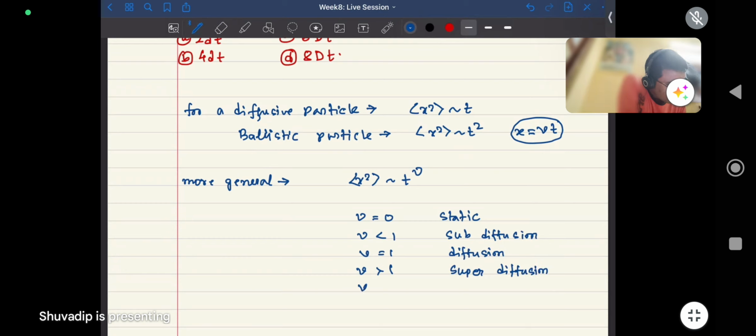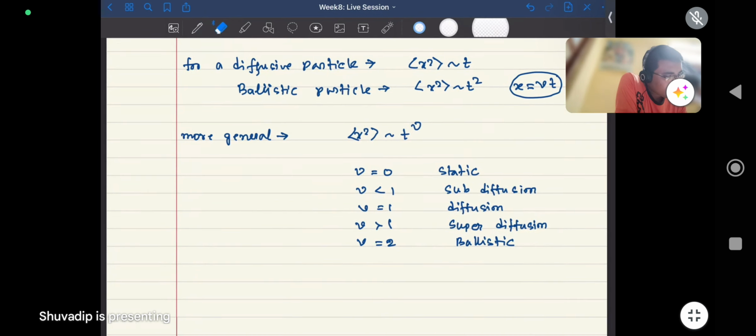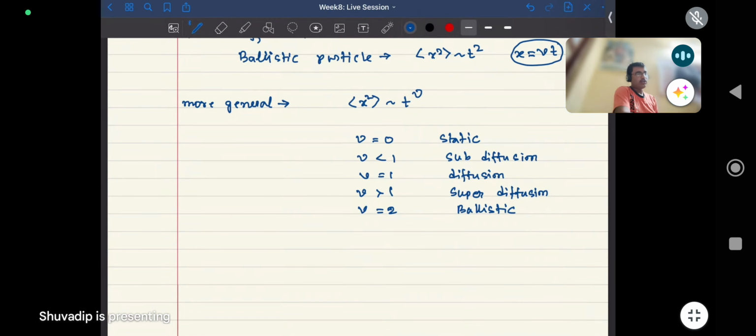And if nu is equal to 2, in that case it is ballistic, something like a particle moving at a constant velocity. So this is the full regime of x square average. Depending on the exponent of time, we can characterize the motion of the particle into these kinds of diffusion.